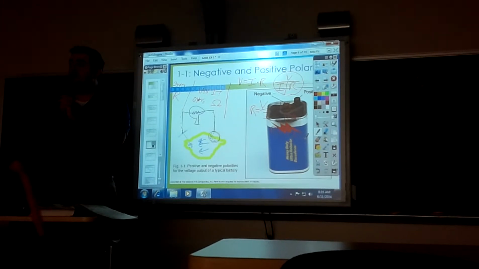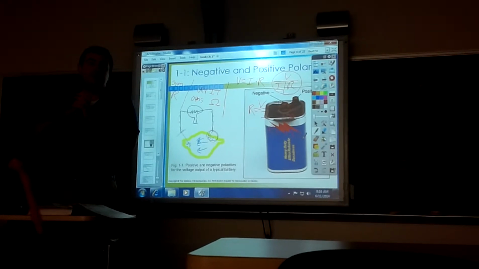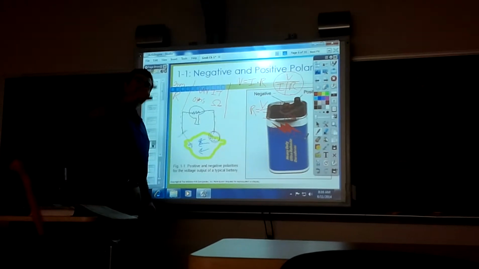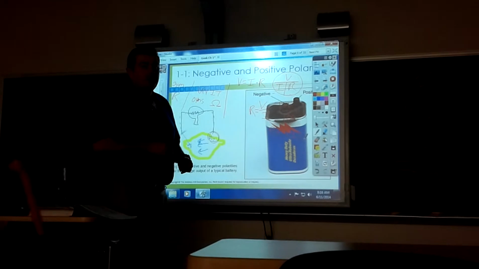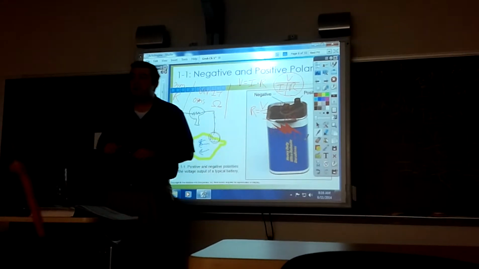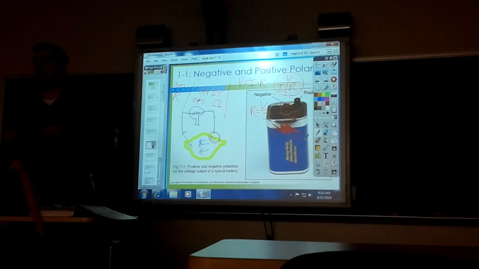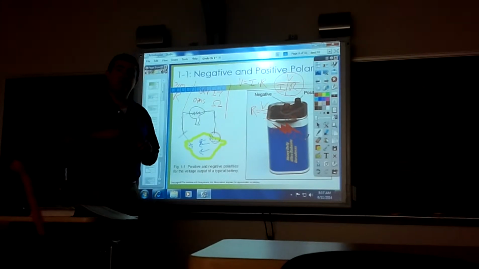Okay? Another way, we talked about the relationship of magnetism and electricity. Anytime electricity flows through a wire, there is a magnetic field rotating around that wire. Also, if you take a wire and spin it inside of a magnetic field, it will create electricity in the wire.